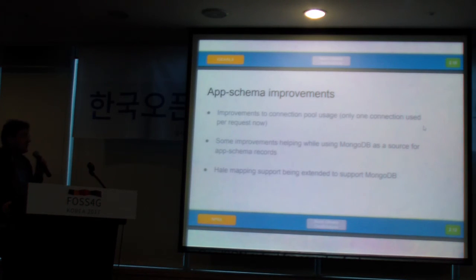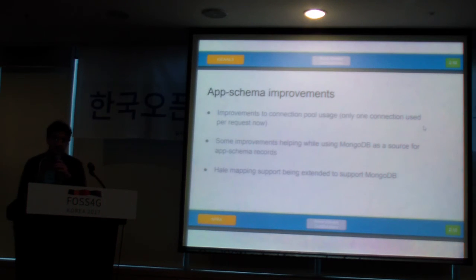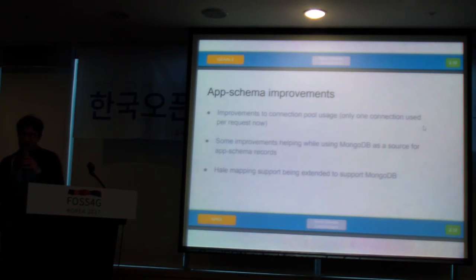AppSchema is the store that does complex features. Before, I heard mention of CityGML. CityGML is an application schema. Complex features. The AppSchema store has seen several improvements from the performance point of view, and now it can also use a MongoDB data source instead of a relational database, in case you are into NoSQL databases.